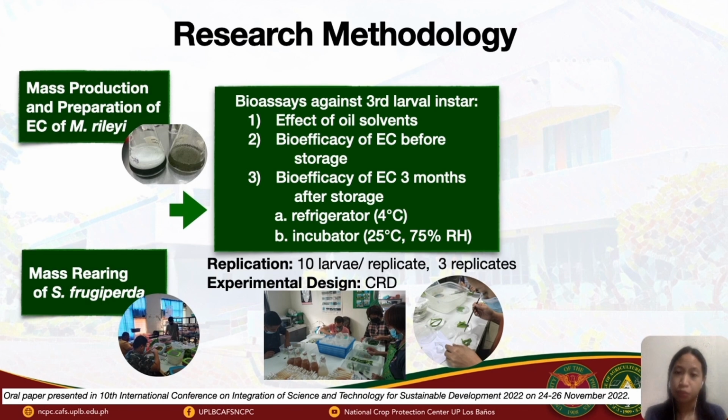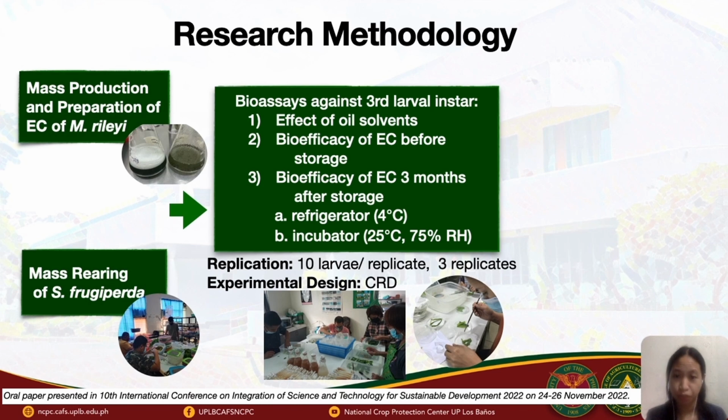The treatments were mist-sprayed on surface-sterilized corn leaves, and an aliquot of oil solvents mixture similar to the volume of the EC formulation with Metarhizium relayi at 1 × 10⁷ conidia per ml was prepared as spray suspension. Control setups were treated with liquid carriers and sterile distilled water.